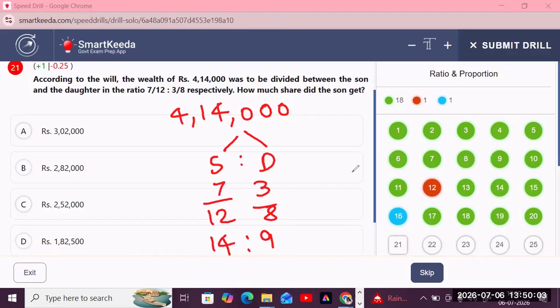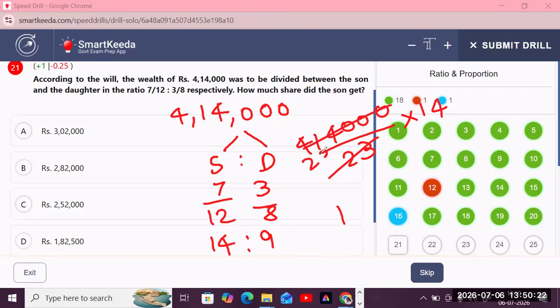How much share did son get? 4,14,000 upon 14 into नहीं नहीं 23 into 14. So 21 ones are 21, 23 ones are 23, 8, 4.